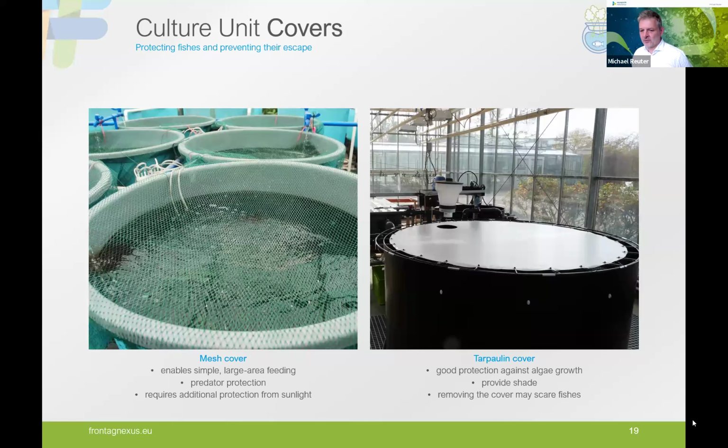One small drawback might be that if we remove the cover, the change in light is quite violent for the fish, and that may scare them, and we usually try to prevent scaring the fish. So that's a drawback, and we have to make up our minds which way to protect our fish would be the best in our case.